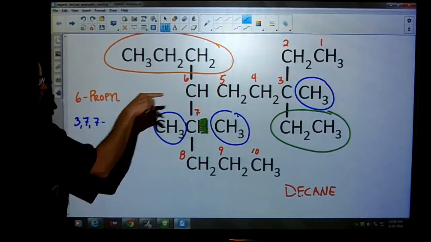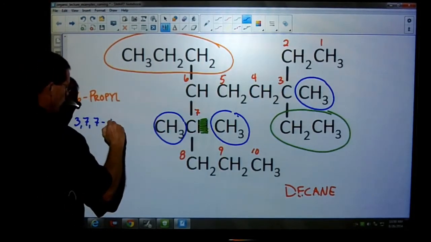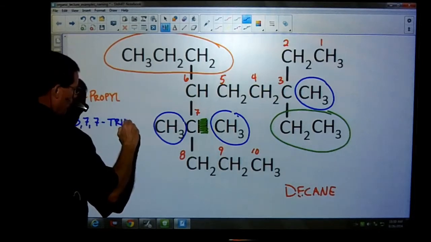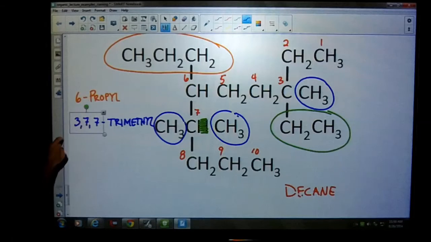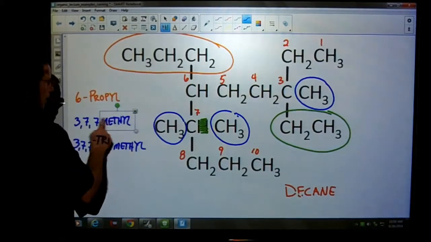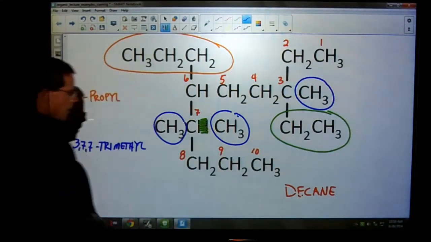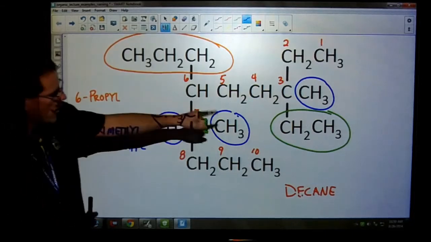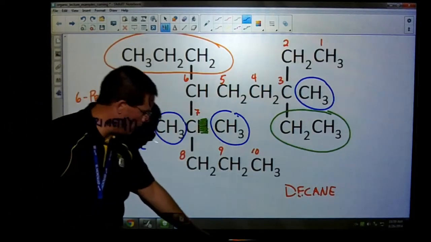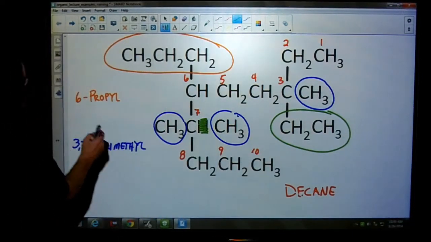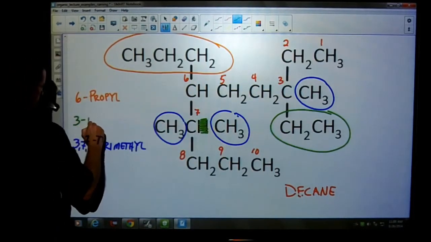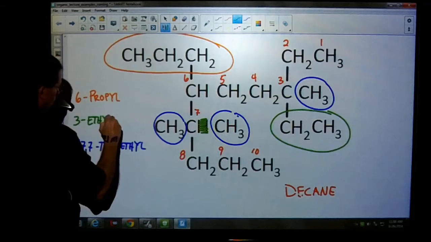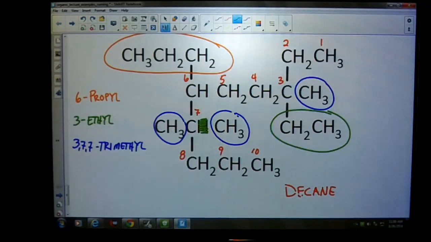And since I have 3 methyl groups, this is trimethyl. Okay. And we also have an ethyl group, which will be green. So the ethyl is on our number 3 carbon. I think that's our only ethyl. So we have our ethyl, our 3 methyls, and our propyl.